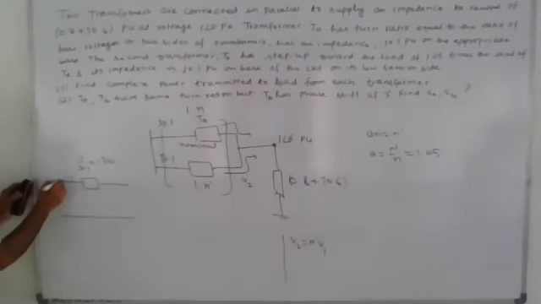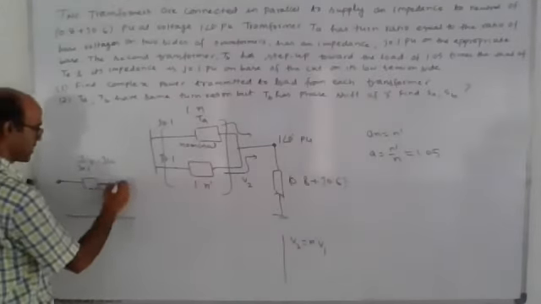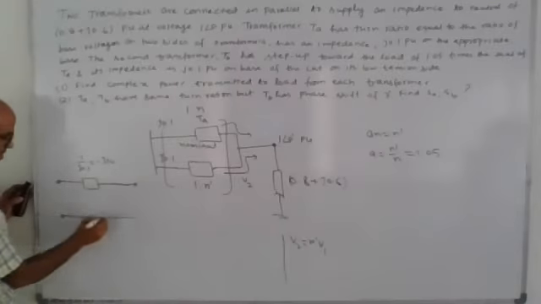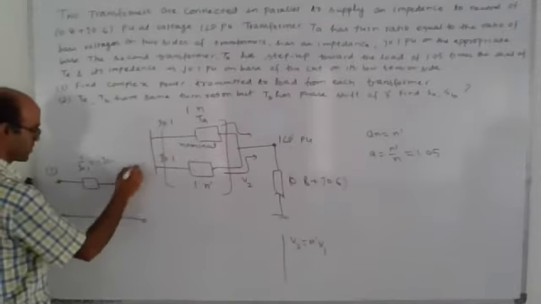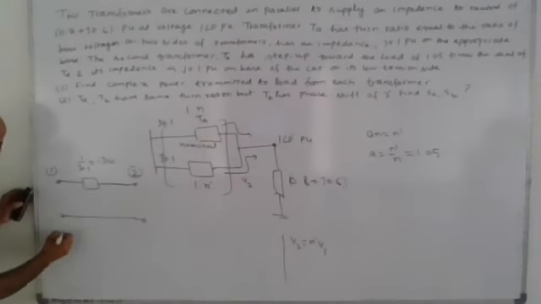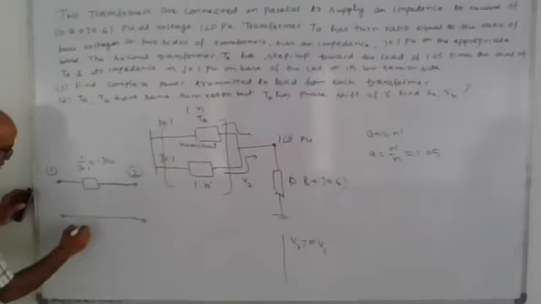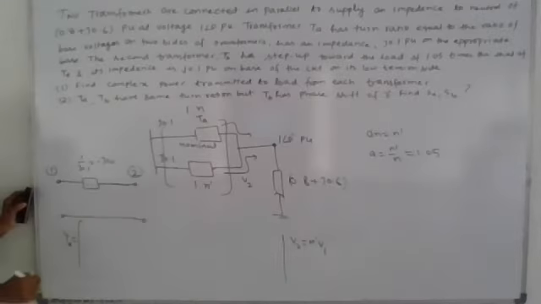Now you can easily see this is port 1, or we can say bus 1, this is bus 2, and this is the reference port. What are the Y parameters of transformer A? Y11: add all admittances connected to node 1. How many are connected to node 1?